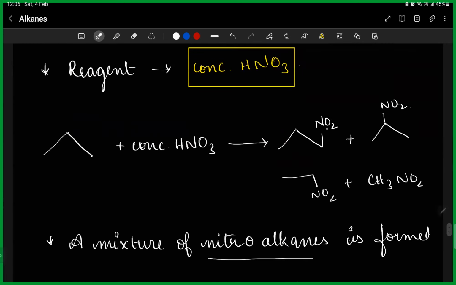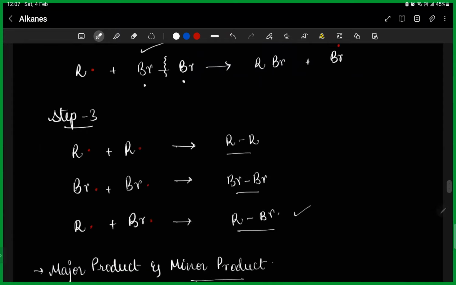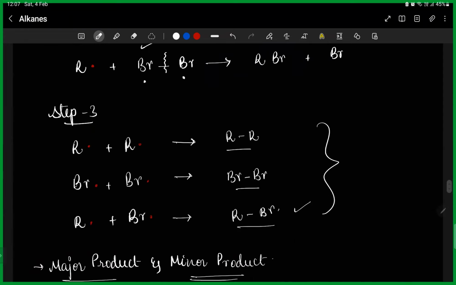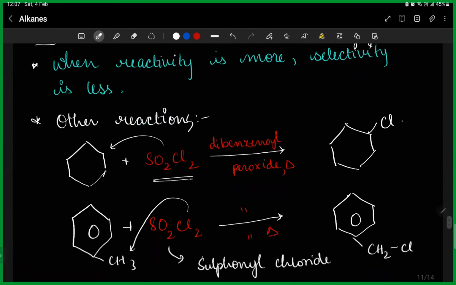So it can replace a primary hydrogen or a secondary hydrogen, by a radical mechanism. New nitroalkanes are also formed, like these two, like we have seen here, right? Many products are possible. Similarly, many nitroalkanes are also possible, and disproportionation can take place.